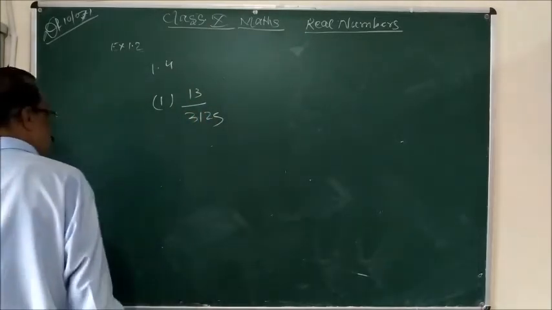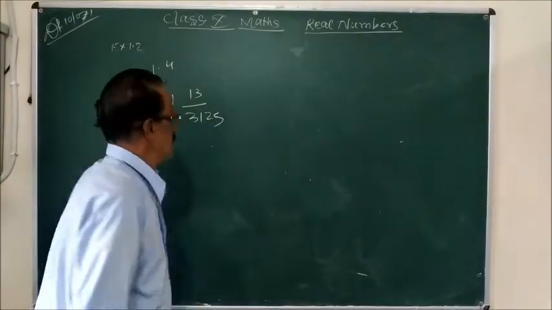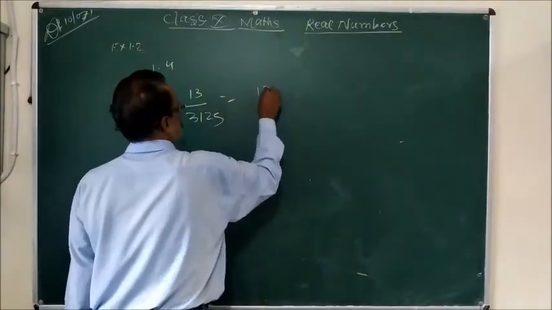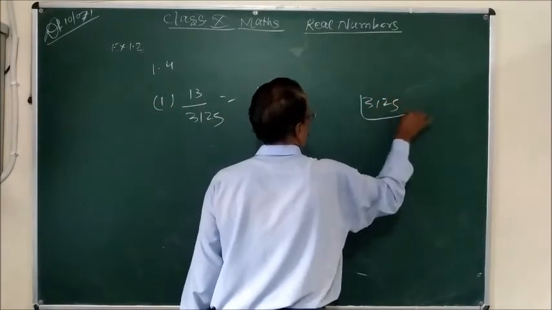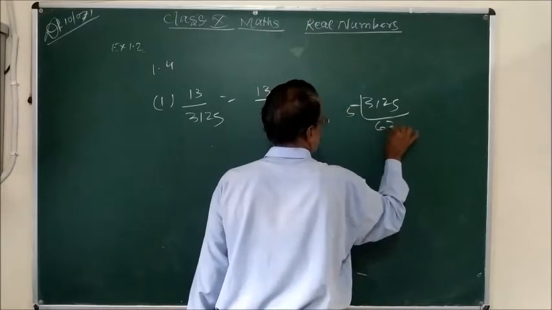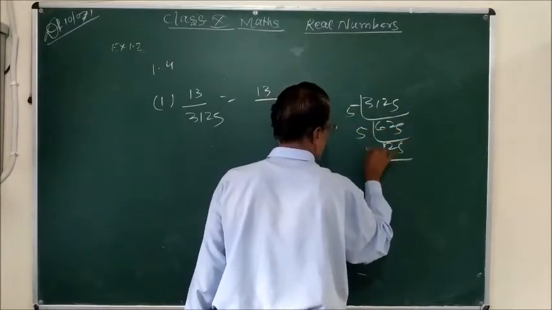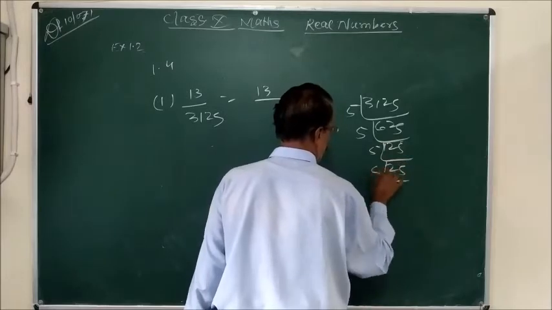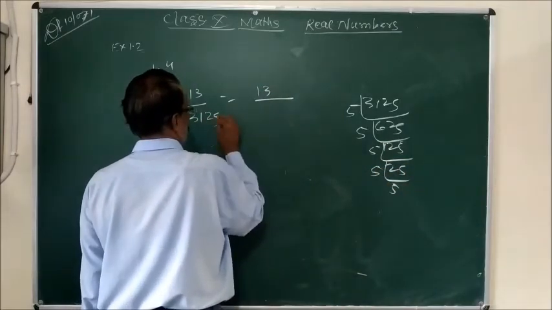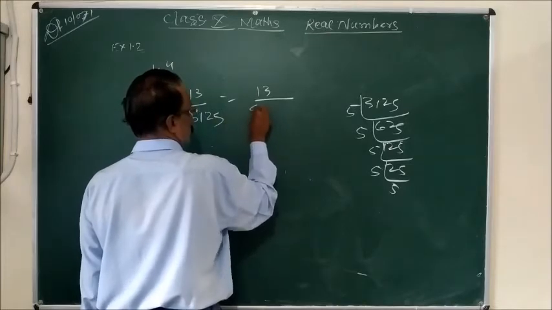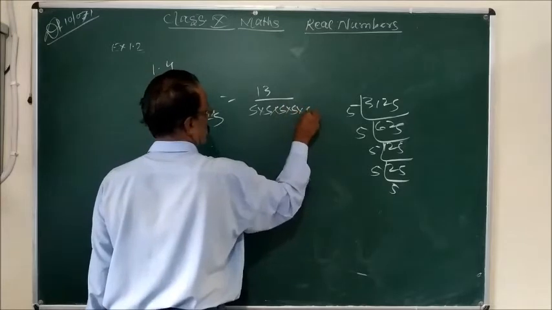And there are more questions: if this is terminating, you convert into decimal. First you find the prime factorization of the numerator. 3125, you divide by 5, and so on; you find the prime factors in rough. So the numerator 3125 is 5 into 5 into 5 into 5 into 5.